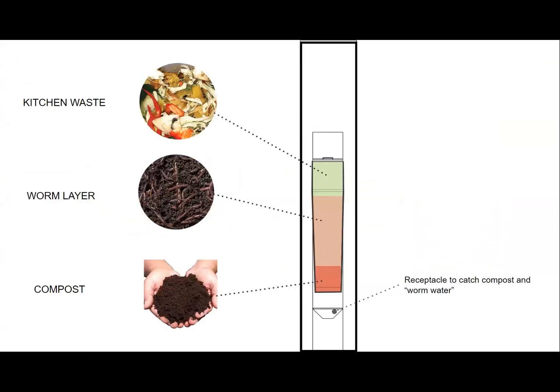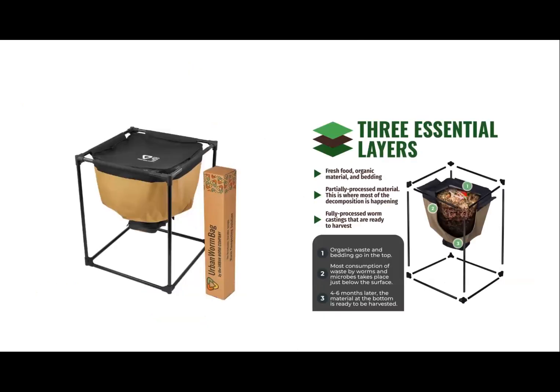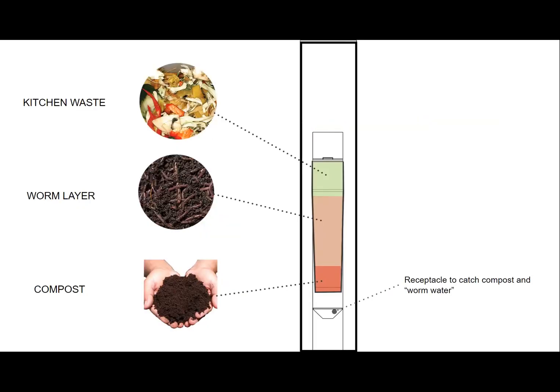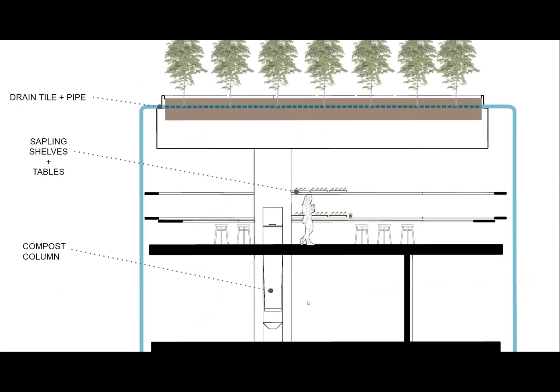As taken from your advice last week, I turned a column into a composting bin similar to this one, but prolonged. It's made longer, and at the bottom there would be a receptacle to catch the compost and another byproduct, which gardeners usually call worm water, the moisture produced from the vermicompost method. So this is how it would look.